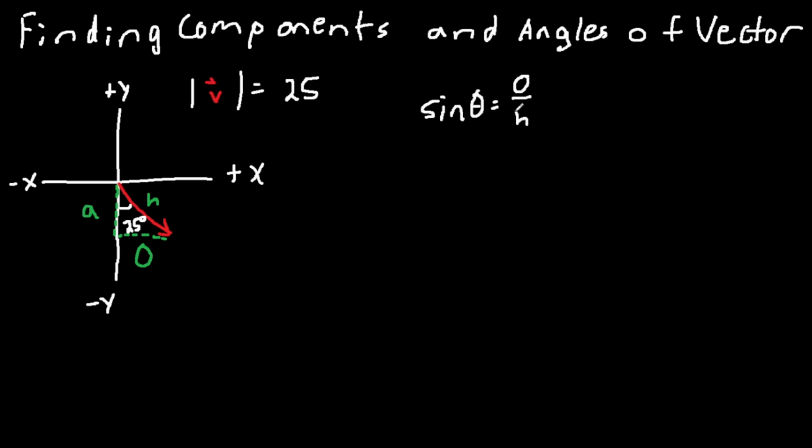Let's plug in the values that we have. Theta is 25 degrees, and the hypotenuse is 25. We isolate the opposite variable to get 25 sine of 25 to equal opposite. And when you plug that into the calculator, 25 sine of 25 is equal to 10.57.